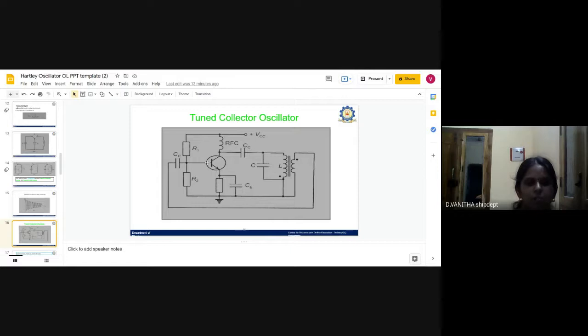From the base of the transistor, one capacitor is connected to the primary coil of the inductor. The collector is connected with a capacitor and is connected to the secondary coil of the inductor. In parallel to this, one capacitor is connected. This acts as a tank circuit here.